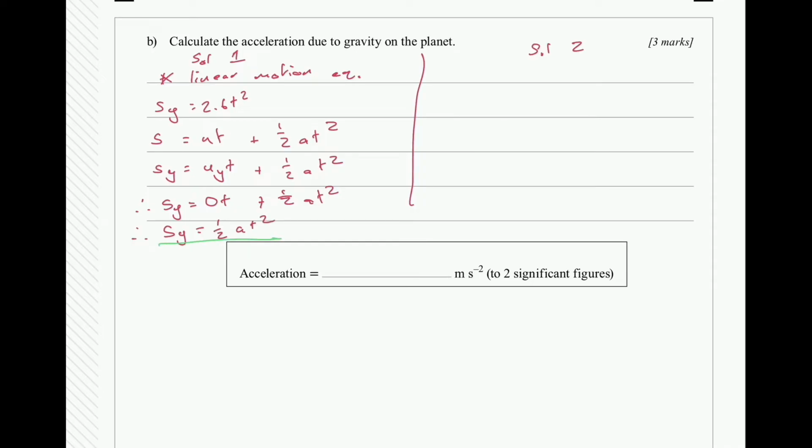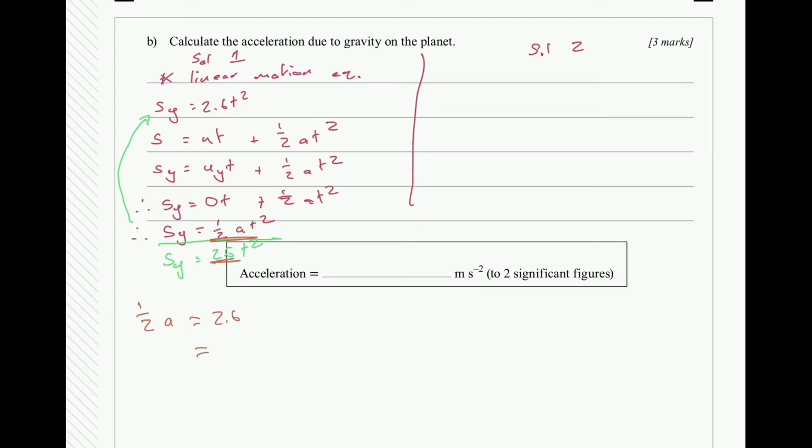That SY equals 1/2 AT squared looks awfully familiar to our original mathematical model we've discussed. Underneath we have SY is equal to 2.6 t squared. So that 2.6 lines up with our 1/2 A. Sorry, I said 1/2 AT, but 1/2 A is equal to 2.6.